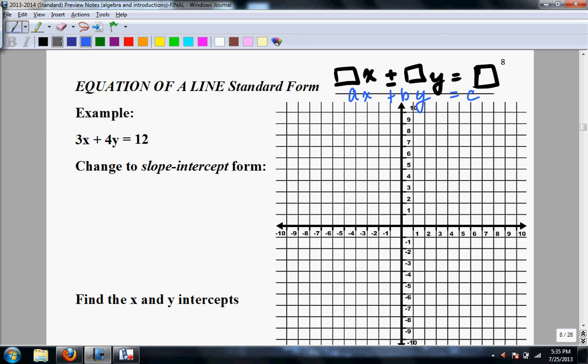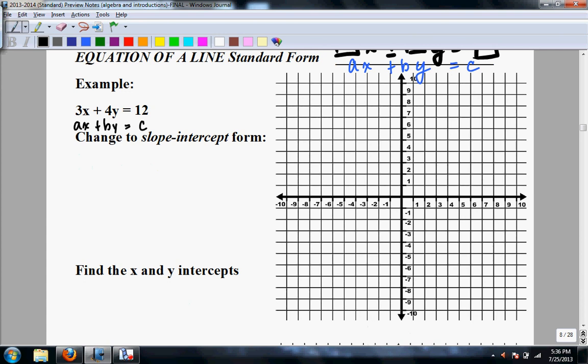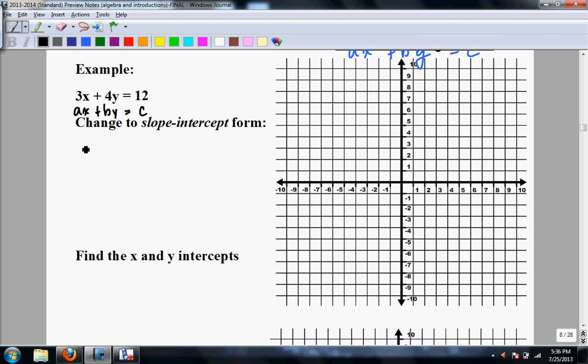The first thing you want to do is rewrite the equation right underneath. So we have ax plus by equals c. Now, slope-intercept form is y equals mx plus b. I'd like you to copy that down.